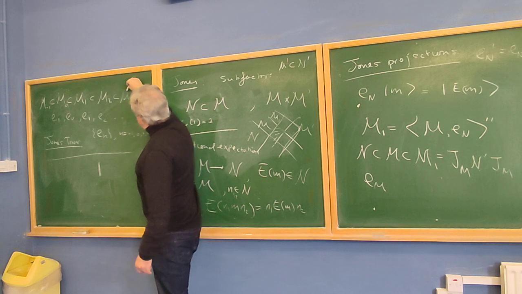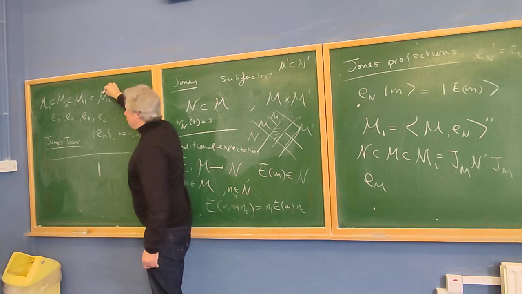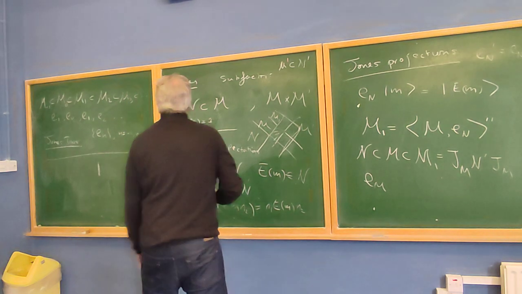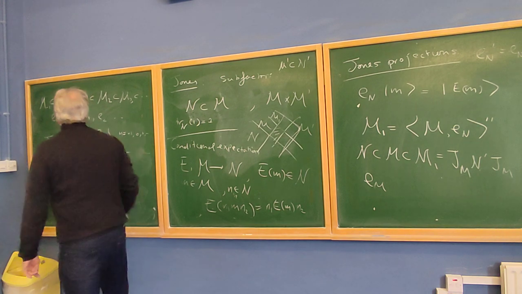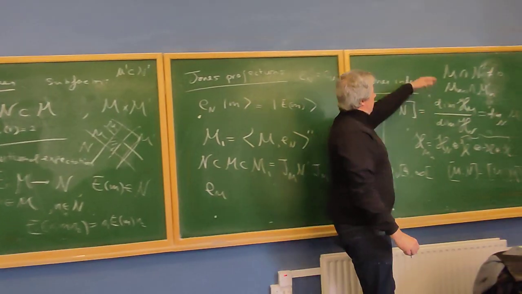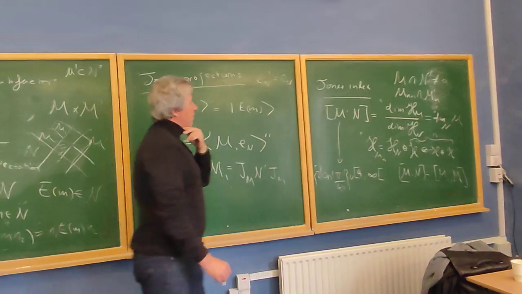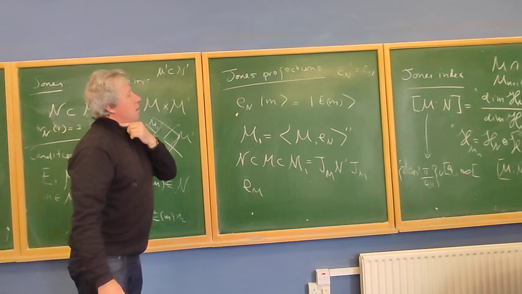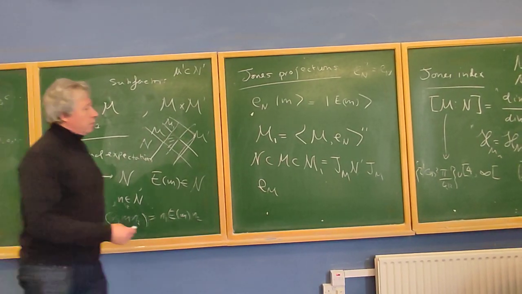Part of the elements in here will commute with it, so there's an intersection between n3 and n2 prime. But that intersection will look isomorphic to this intersection. I mean, there's some map between those two. These algebras are the same in terms of relations and so on.